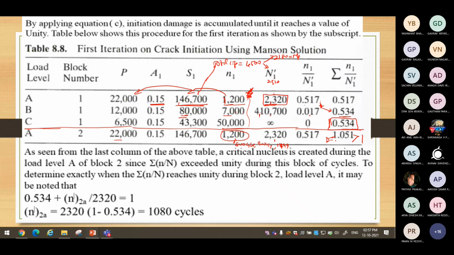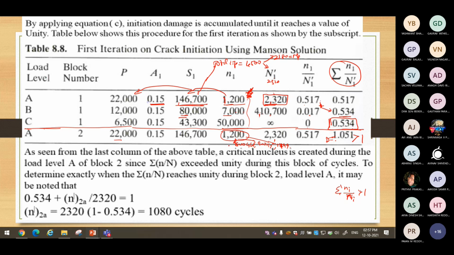We do not know after how many cycles crack is initiated. Therefore, we have to differentiate, out of 1,200 cycles, after how many cycles crack has been initiated. Here damage has occurred. Damage is crossing 1, and this cycle ratio is for initiation life, summation of initiation by initiation only. And we are getting a value greater than 1, which means somewhere crack is initiated during this block of loading.